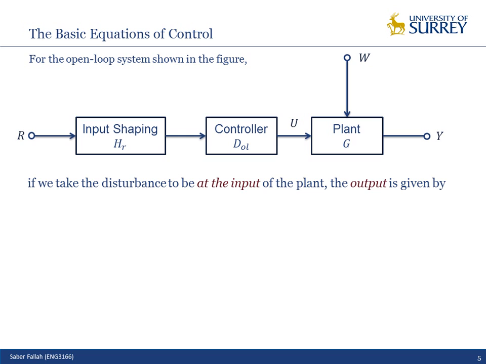Okay, I assume I have a disturbance to my plant. I'm thinking of giving you some practical examples of a disturbance. Can anybody give me an example of a disturbance? What does it mean, disturbance?